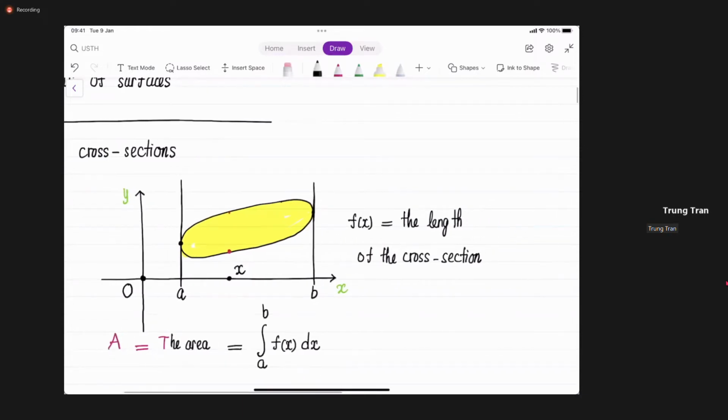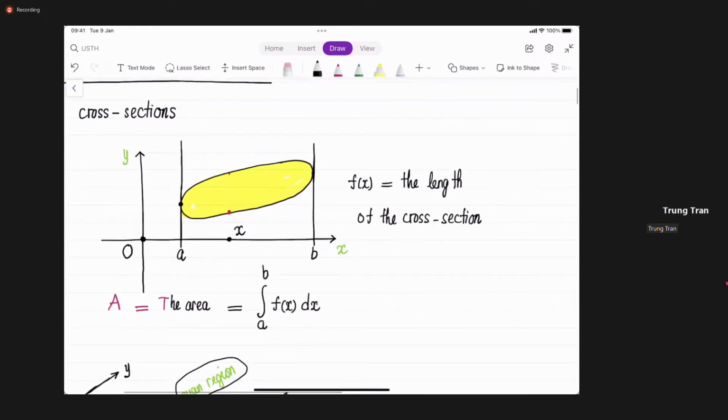So now for each x from a to b, you draw a vertical line through the point with the coordinate x, and then you can see that this line intersects the region as some segment.